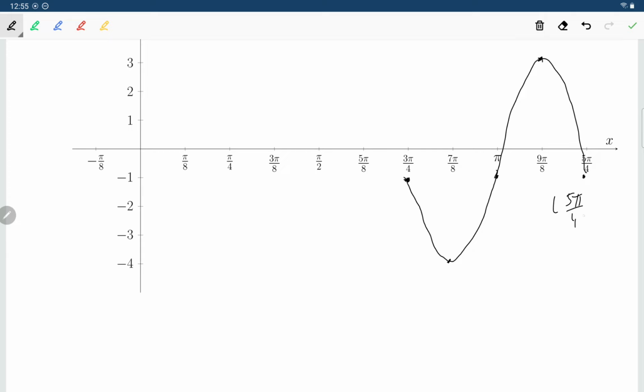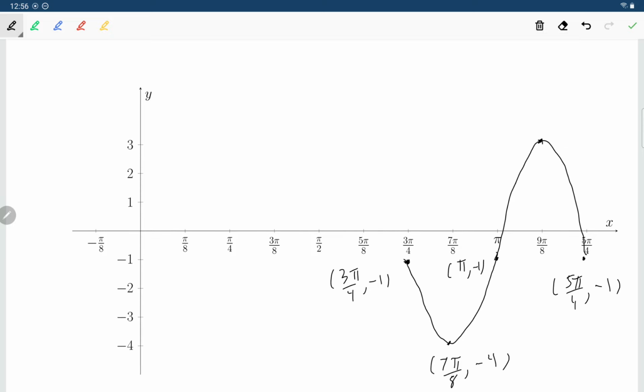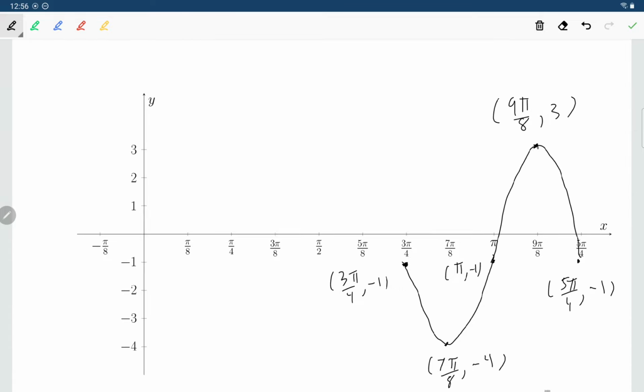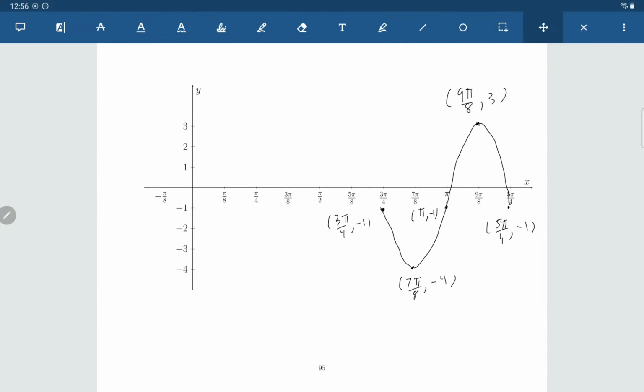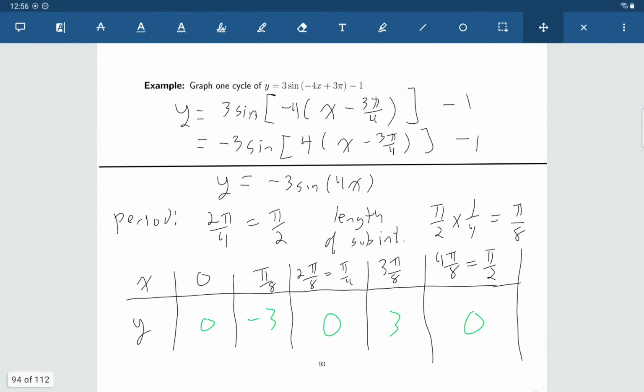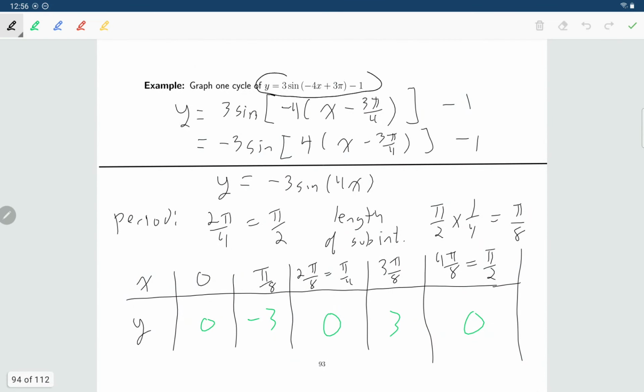All we had is one cycle that I wanted, so all that I really need to do now is just to label all of my points. It looks like all of my points, all 5 of them, are going to need to be labeled because none of them are at tick marks on the x or y axis. So there we go. I've labeled all 5 points, and now the only thing left for me to do is label it with the equation itself. And again, you can label it with the original equation or the factored version, whichever you prefer.